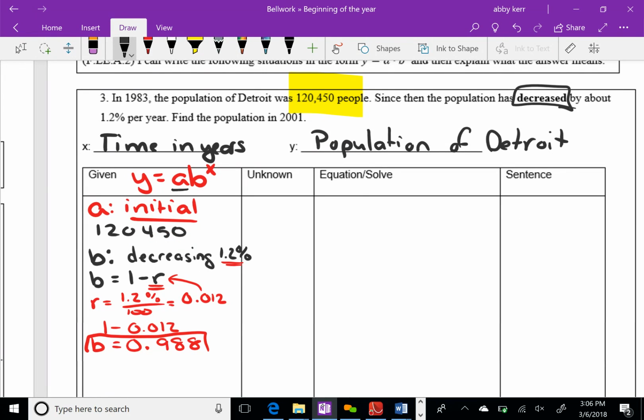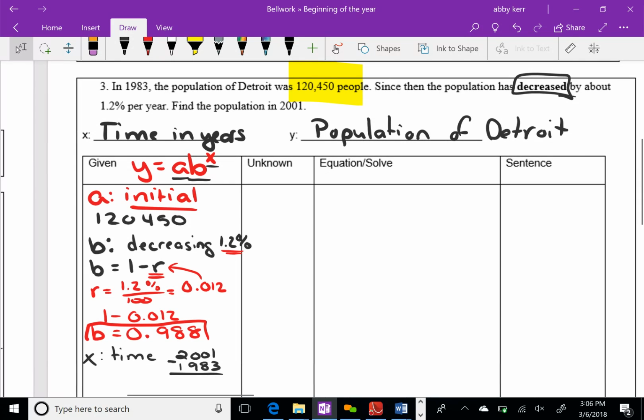So we found our A value, we found our B value, now we have to find our X value. Our X value is the time. So we're looking for the population in 2001. However, we need the 1983 to start with.